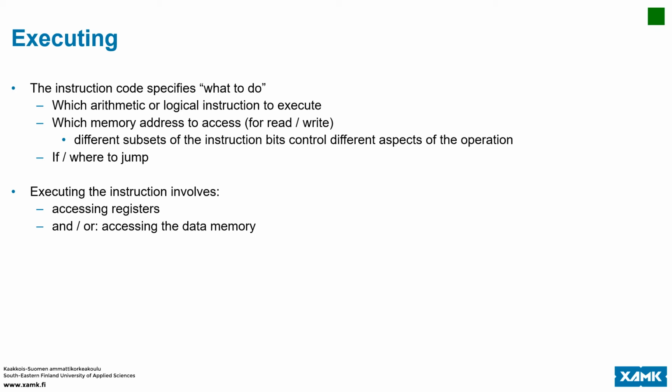Depending on some arithmetic operation, we might have to jump to a different location in the source code or in the machine code. Executing the instructions basically involves accessing, so writing and reading from registers, and/or sometimes accessing the data memory, so the data in the memory.